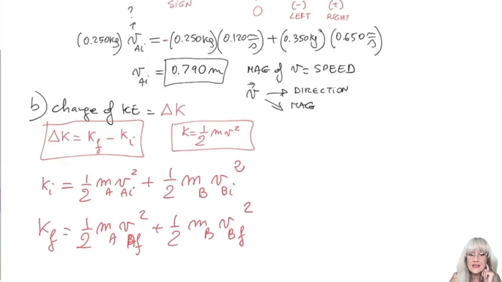Now remember, the initial velocity of body B was 0 because it was at rest.